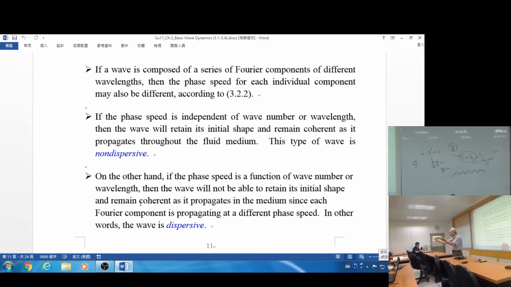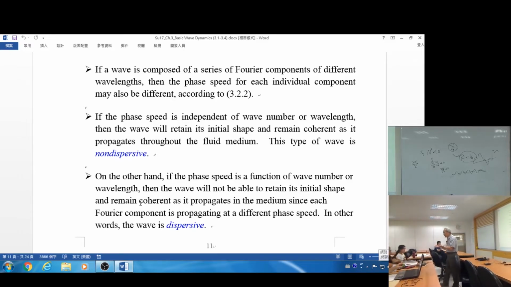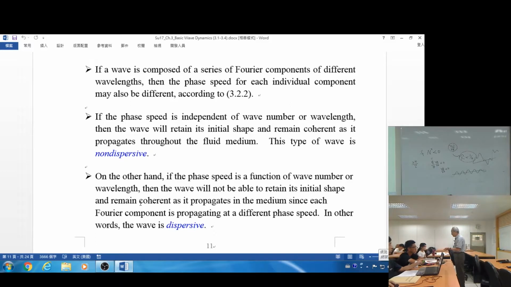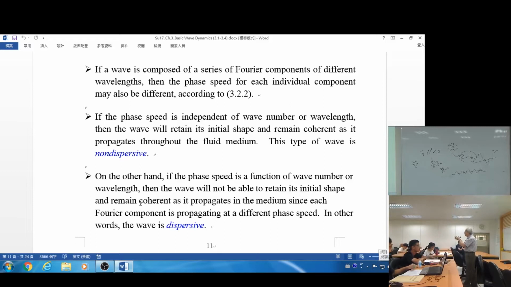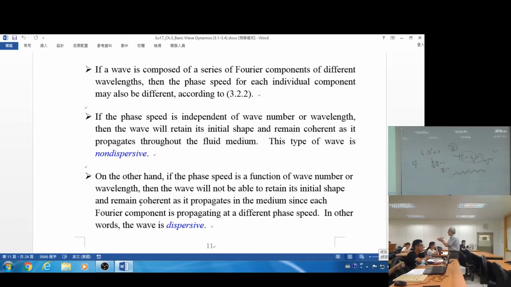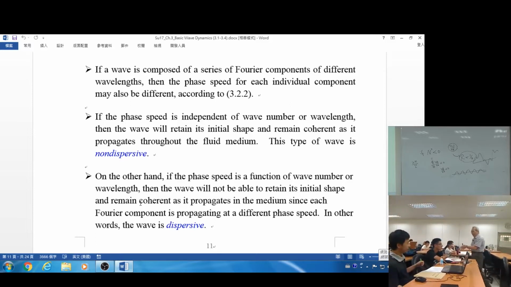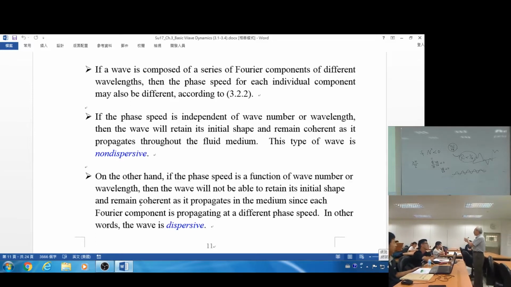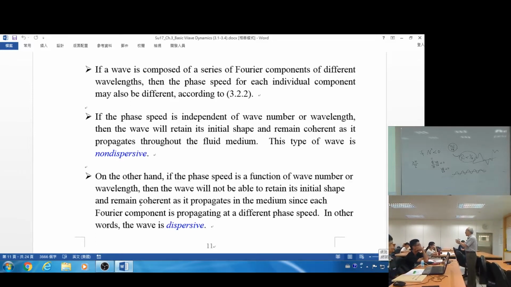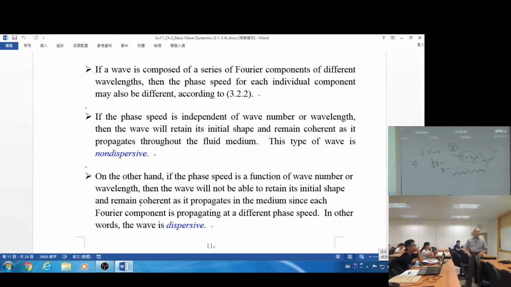Can somebody volunteer to tell me what is dispersive and what is non-dispersive? Wave number, yes, that's good. If it is a function of wave number, then it is dispersive. If it is not related to wave number, then it is non-dispersive.